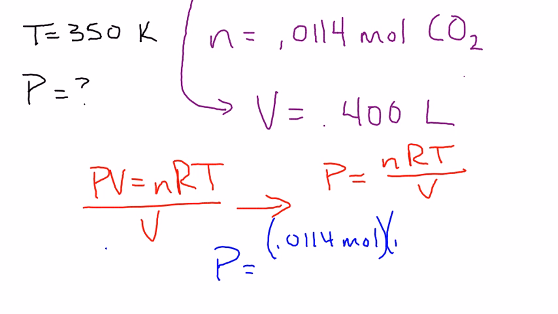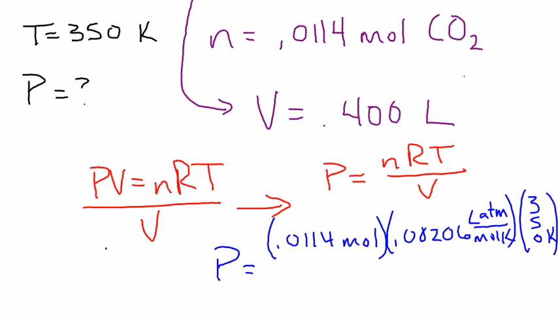Sorry, I'm still getting used to this thing. 0.08206 liters atm over mole K. I'm running out of room here. And then our temperature, forgive me, 350 Kelvin. I know that you know what that means. And then our V on the bottom is 0.400 liters.